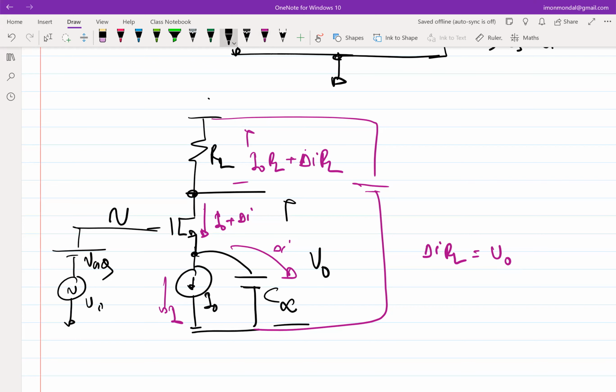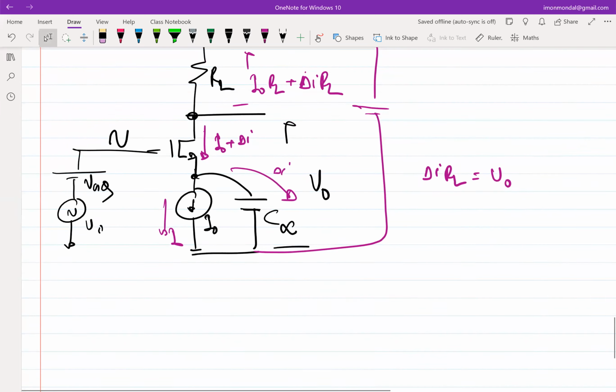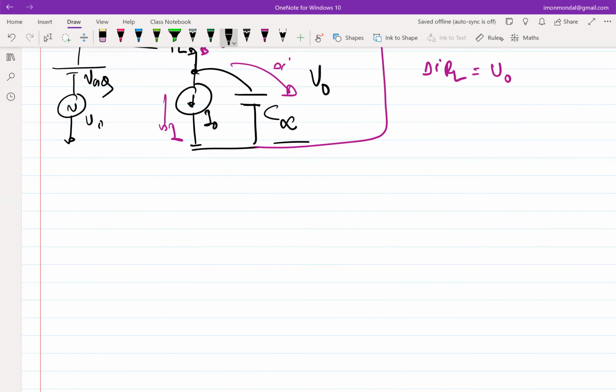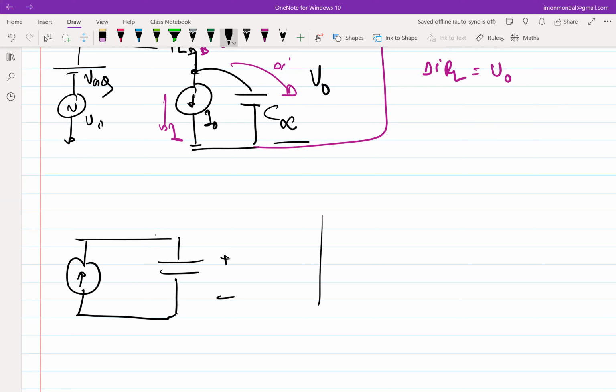So pictorially, it probably makes more sense. Okay, we have overshot. Give me one minute. Let's say we have a capacitor, and I put a current through the capacitor, and the current is a sinusoid.